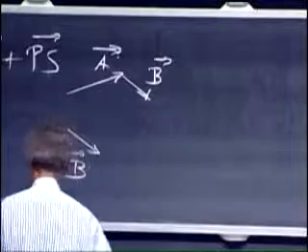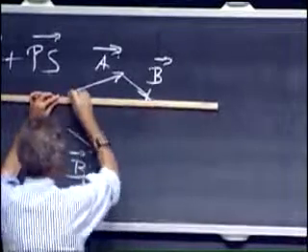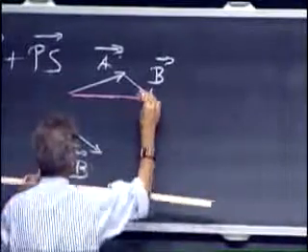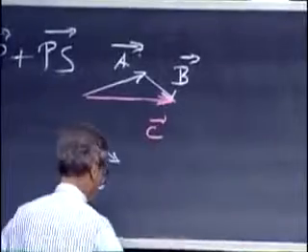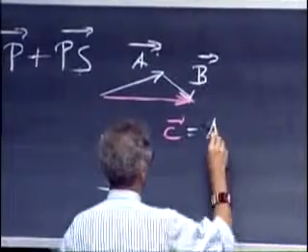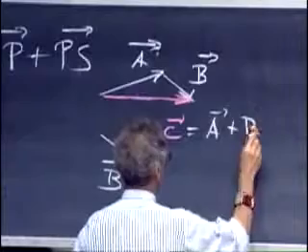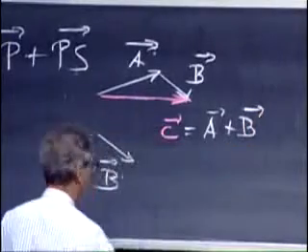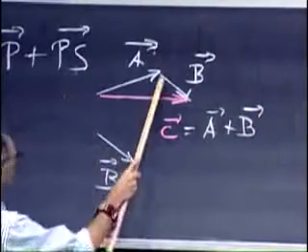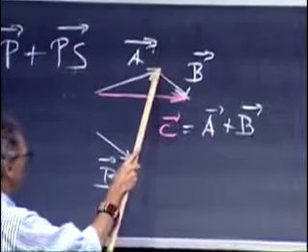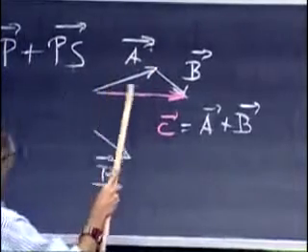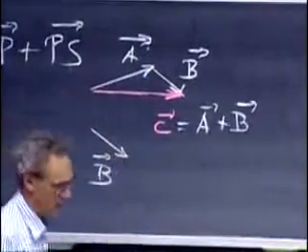And then the net result is A plus B. This vector C equals A plus B. That's one way of doing it. It doesn't matter whether you take the tail of B to the head of A, or whether you take the tail of A and bring it to the head of B. You will get the same result.